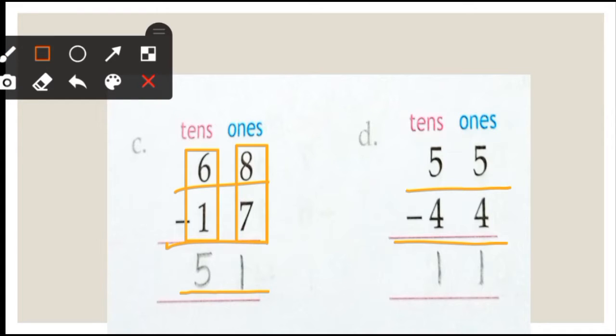In the ones part, digits are 5 minus 4. And in the tens part, we have the same digits, 5 minus 4. First of all, we will start our sum with the ones part. Here we will subtract 5 minus 4.